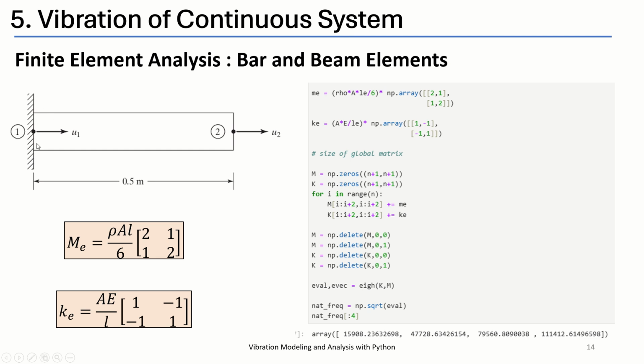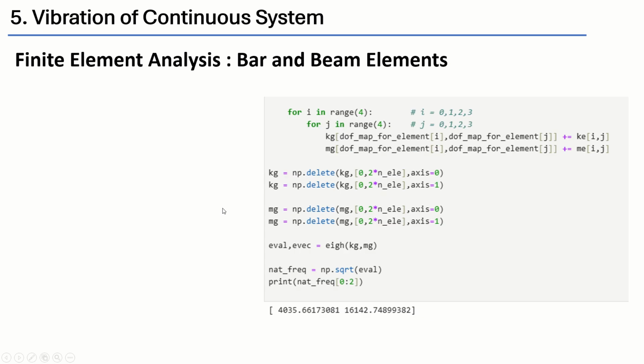A bar is mostly a one dimensional part, subjected to only axial deformation. We'll see how to use the FEA method, using a single element and multiple elements, to calculate natural frequencies. Also we will compare with analytical results, to check whether our programming calculation is correct or not.